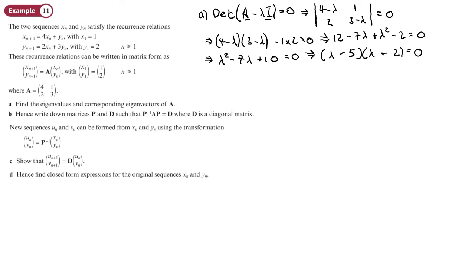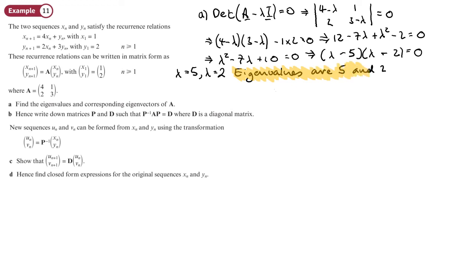So that gives us our eigenvalues of 5 and 2. So we'll just write down here, eigenvalues are 5 and 2. Okay, I'll just highlight that, and then we need to find the corresponding eigenvectors.